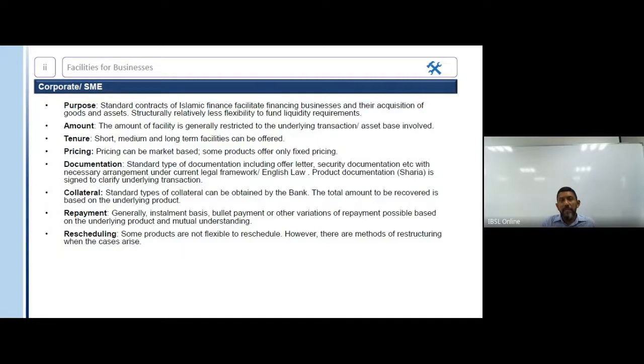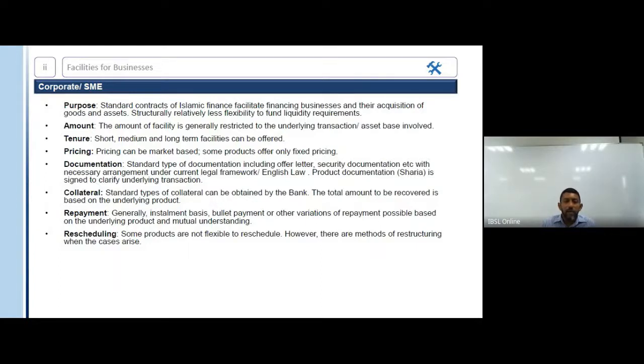Some products have fixed pricing, meaning you can't benchmark it to a floating rate, and number two, you can't change the pricing after the tenor. We will discuss that in more detail in the individual contracts.